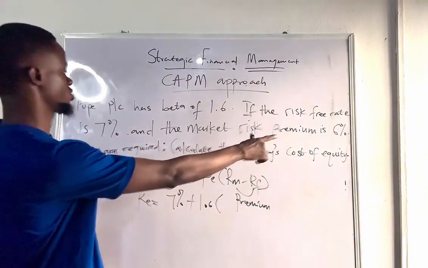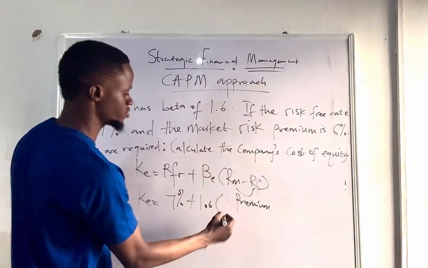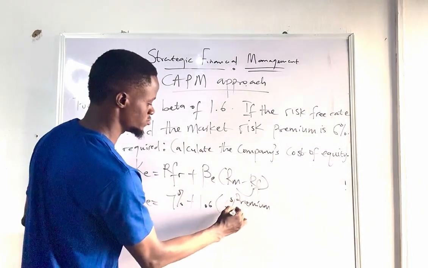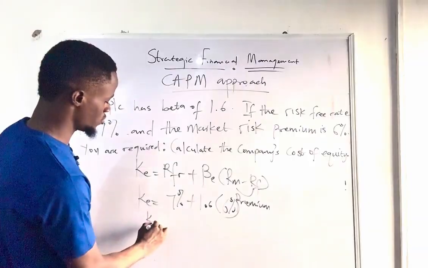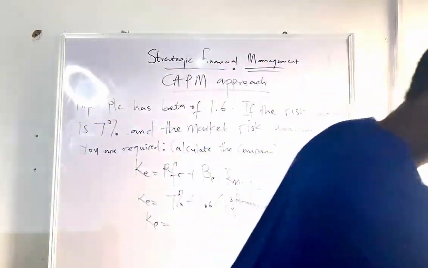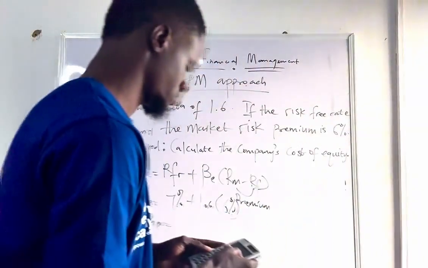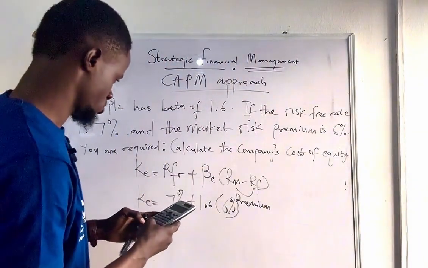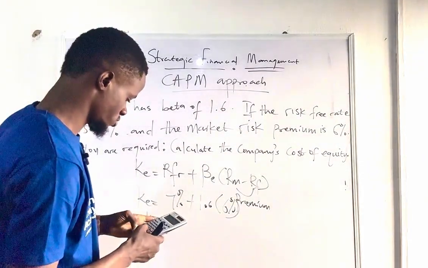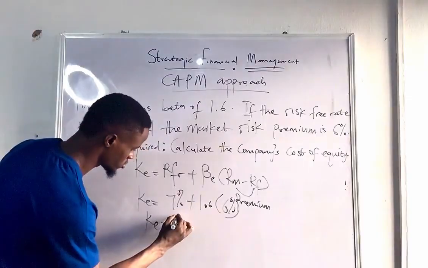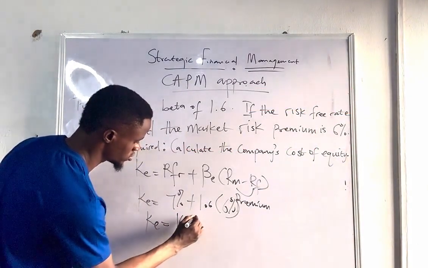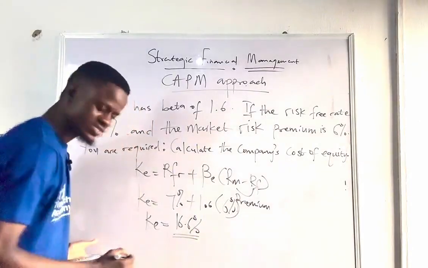What is the premium? 6%, because the premium is the difference between these. So if you punch your calculator, you have your answer. 6 times 1.6, plus 7, the answer is 16.6%. Can you see that?